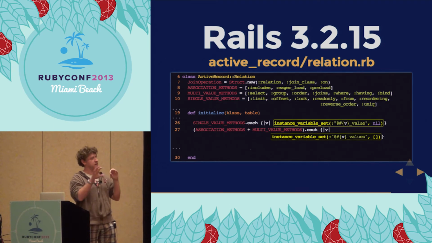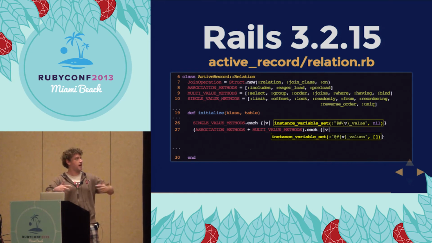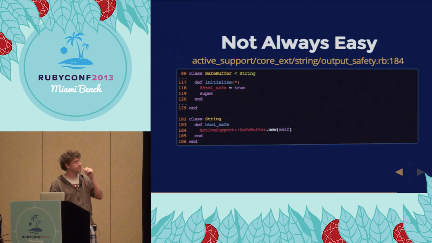Because it's going to append this value at the end and it's going to put an at in front. And every single time you create a new active record relation, it's building this string and throwing it away for like 30 odd attributes that it's doing this for. So this was pretty wild and inefficient, and this code has just been totally rewritten for Rails 4, so it doesn't apply anymore. But this was why that was such a huge offender in a Rails 3.2 app.